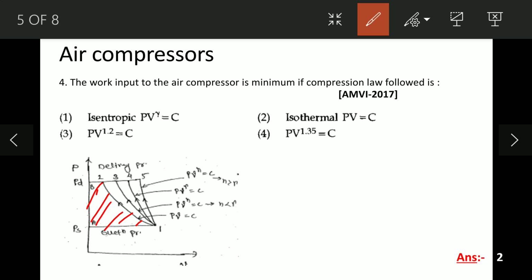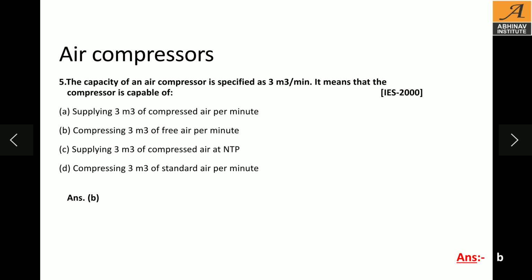If area is more on the PV plane to the left side of the process, then work done will be more. Out of these four processes, area to the left side of process 1 to 2 is less. That process follows the isothermal law, that is PV equal to constant. Then this process has minimum work required for the compression process. So option 2 is correct.